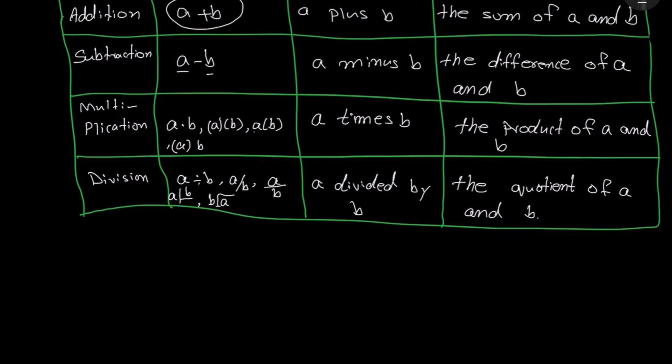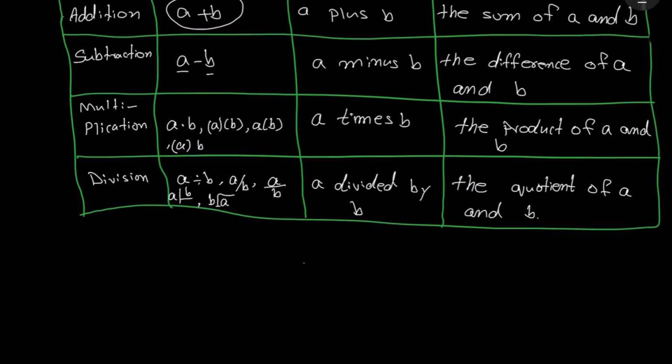The same goes with the letter A next to parentheses, or a letter B with a single parenthesis, which also mean multiplication. So we say A times B, and the result is the product of A and B.